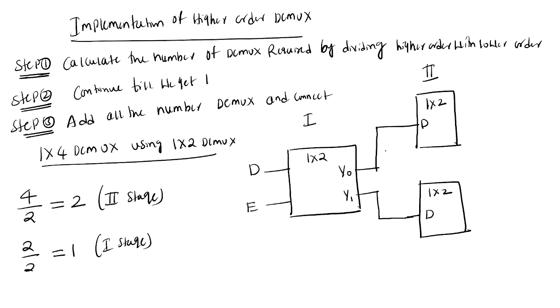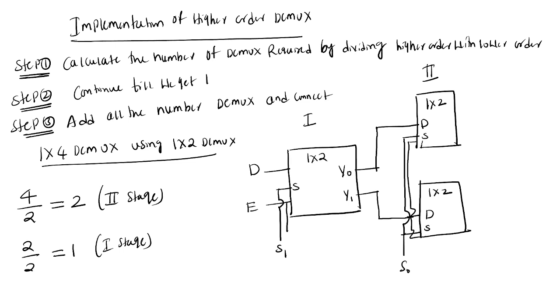And one more selection line is there, no? So for this selection line, you are using S1, okay, and for the other selection line you are using S0. Common enable pin is for both the demuxes.